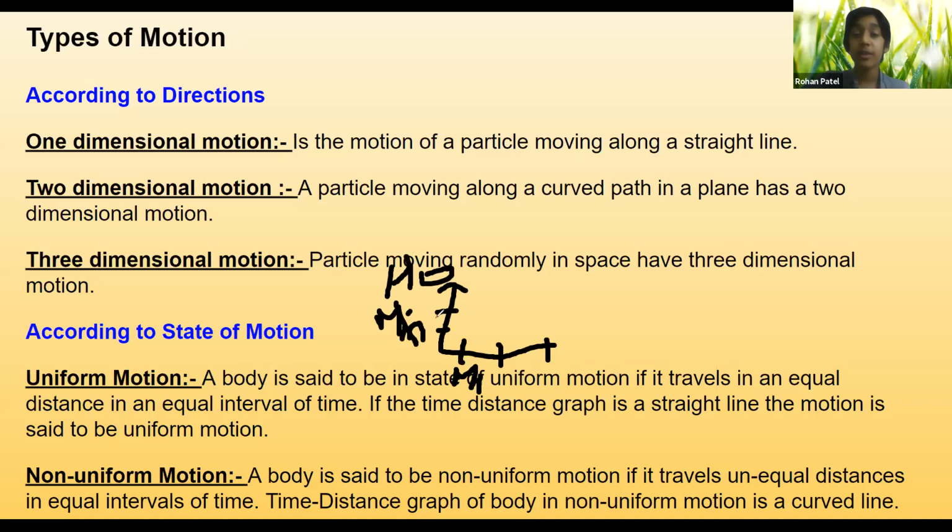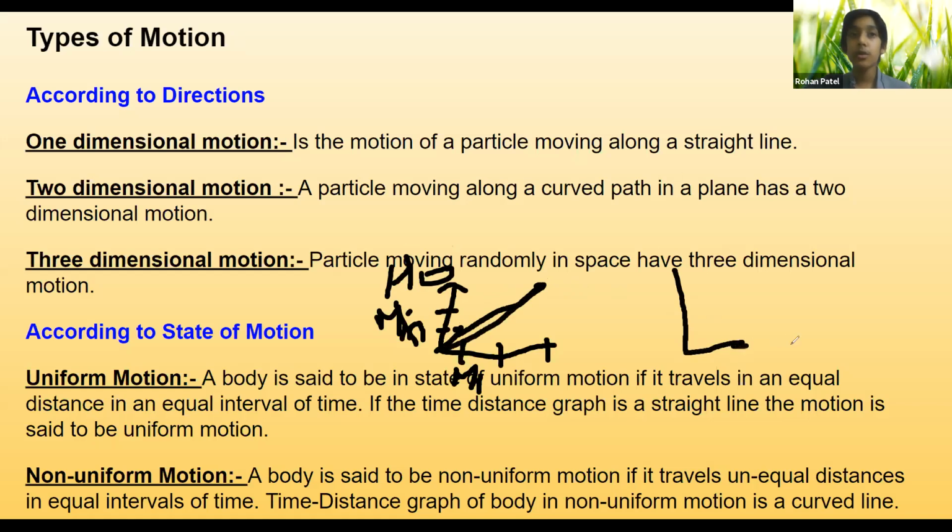Our car takes 1 hour to go 1 mile. So if it goes like this for 3 hours, that's 3 miles, which means it's going to be a straight line: 1 hour, 1 mile, 2 hours, 2 miles, and 3 hours, 3 miles. Let's make this a little bit straighter so you can see.